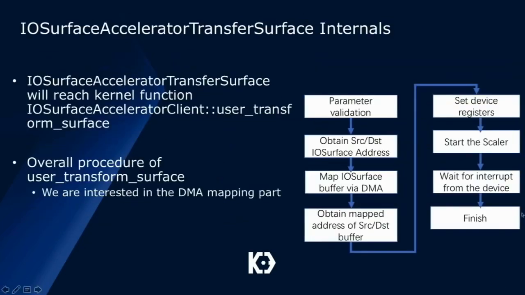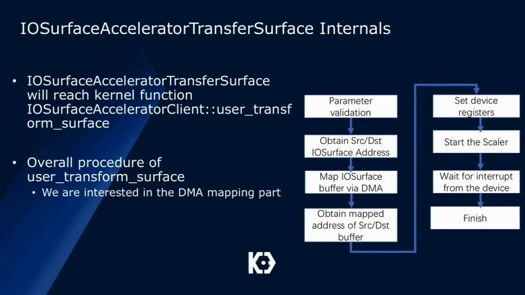So here is the overall workflow for the transform. First, the kernel validates the parameters from the userland, and then it obtains the source and destination IOSurface addresses. Then it maps the IOSurface buffer via DMA, obtains the mapped address, and sets the device buffer.